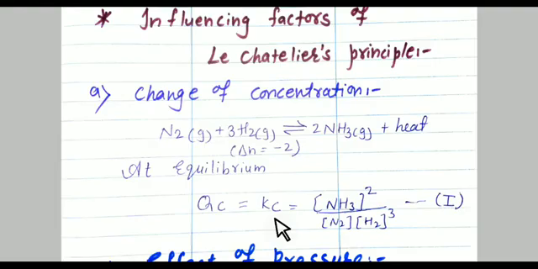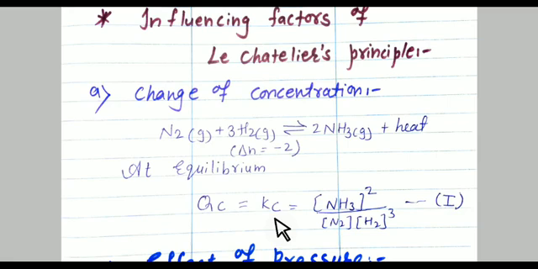According to Le Chatelier's principle, whenever we add hydrogen, this effect is reduced by shifting the equilibrium from left to right, so that the added hydrogen is consumed and more ammonia is formed, and the reaction goes in the forward direction.